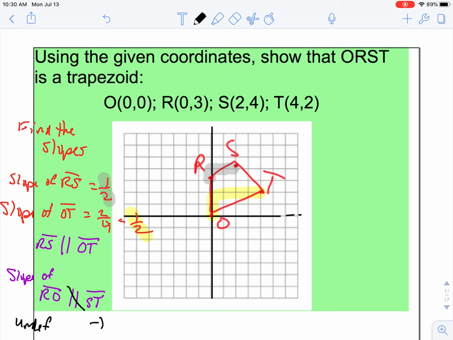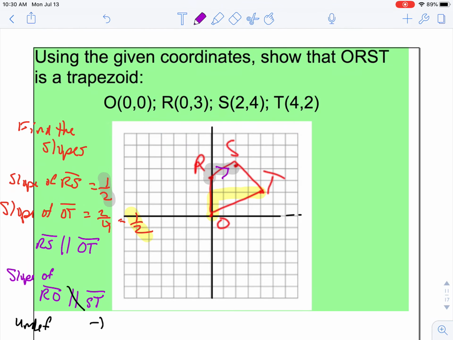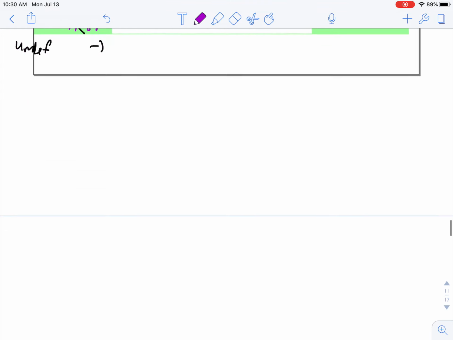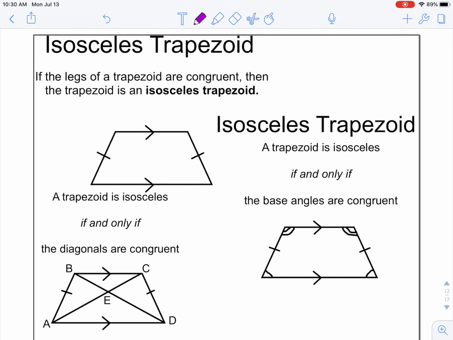So they are not parallel to each other, but RS and OT are. That is enough to show that it is in fact a trapezoid. So we have just shown that it's a trapezoid because these two sides had the same slope and are parallel.